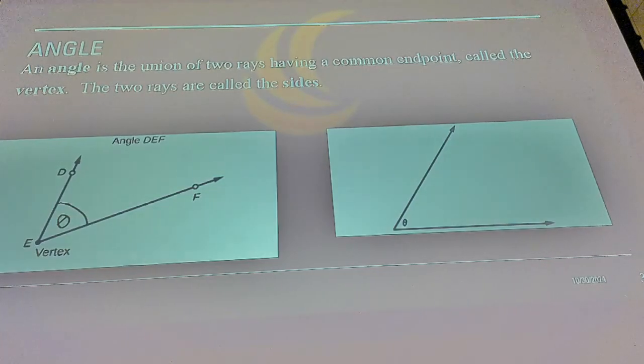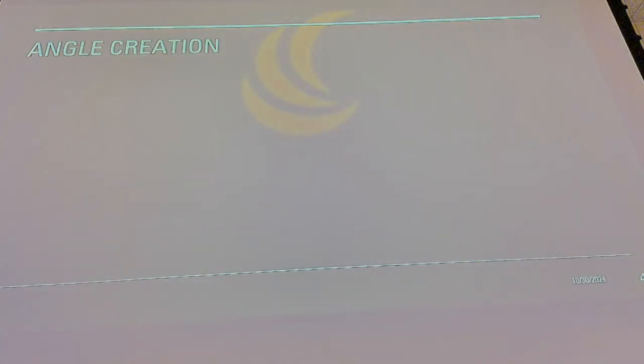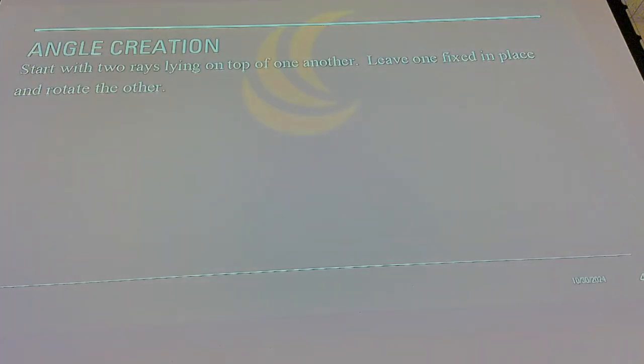To create an angle, start with two rays. You pick one whole length ray. The fixed ray is the initial side. The rotated ray is the terminal side.